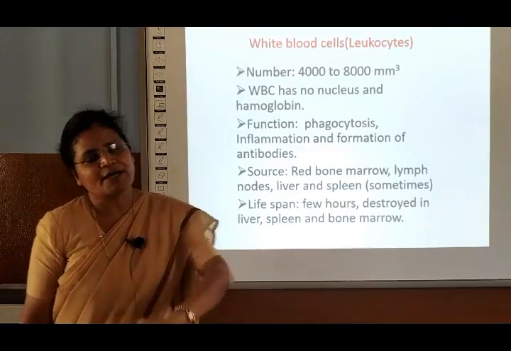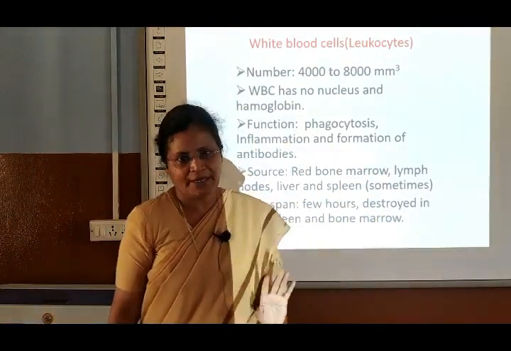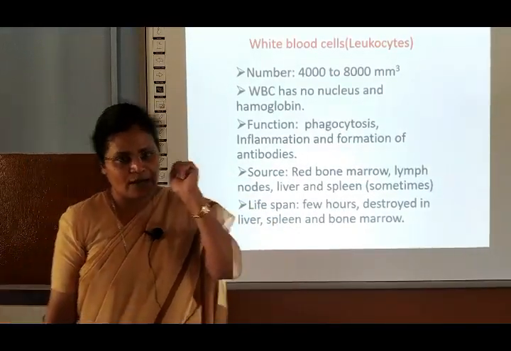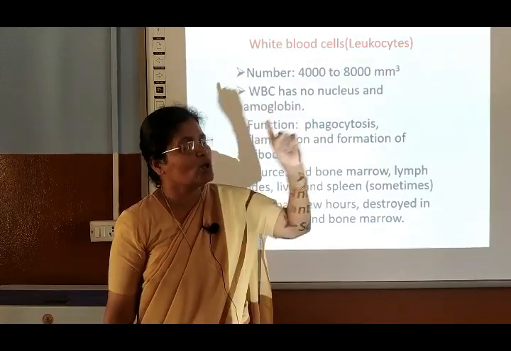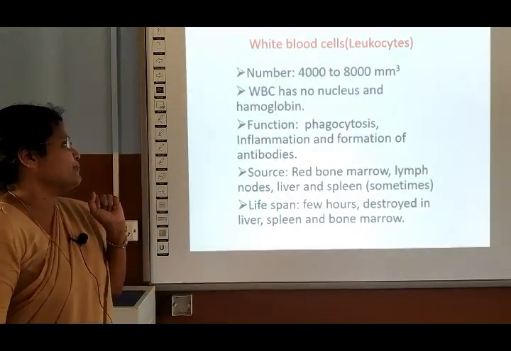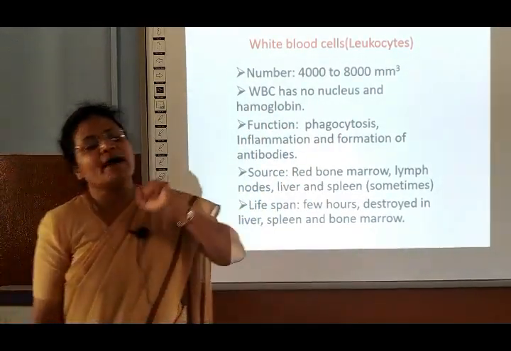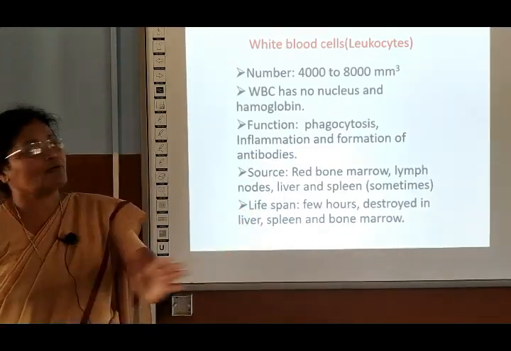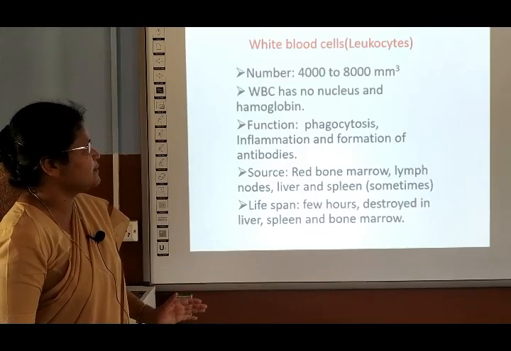The pigment part of hemoglobin is hemin, and the mineral present in hemoglobin is iron or ferrous, whereas in chlorophyll it's magnesium. And the function: it combines with oxygen to form oxyhemoglobin, and with carbon dioxide to form carboxyhemoglobin.